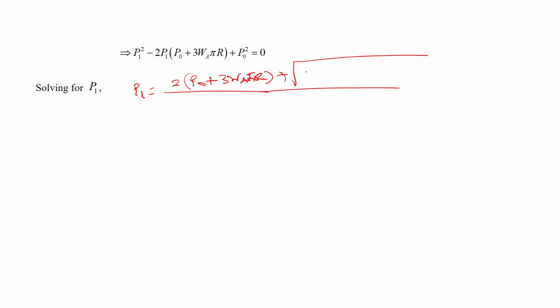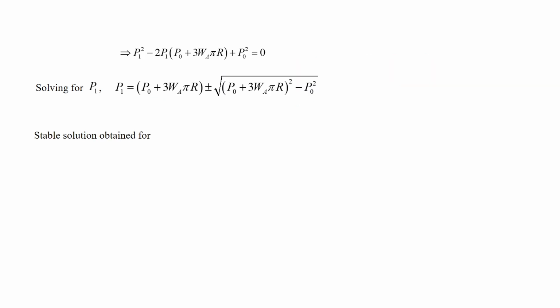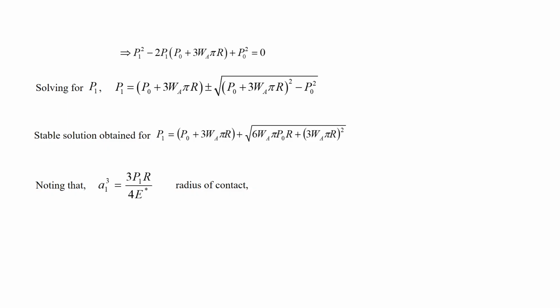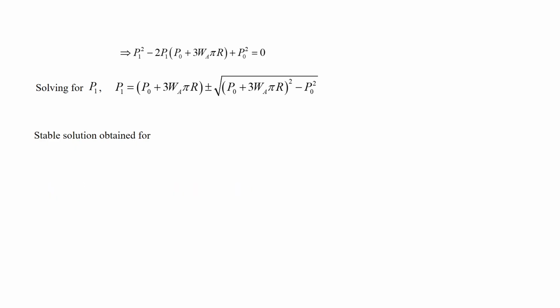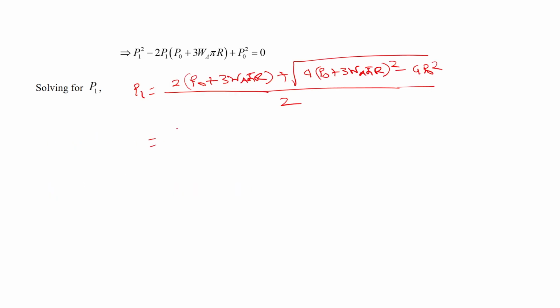So, it is, let us say, 4 into p0 plus 3 W_A pi R square minus 4 p0 square, by 2. So, we need to consider plus minus. So, we consider the positive term only, right. If we do that, then it will be equal to p0 plus 3 W_A pi R plus, this is divided by 4, it is p0 square.